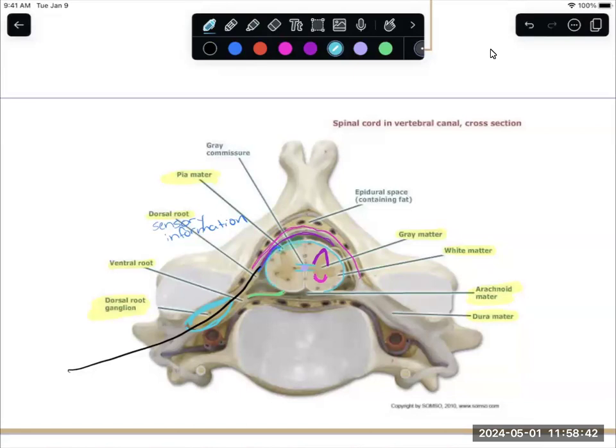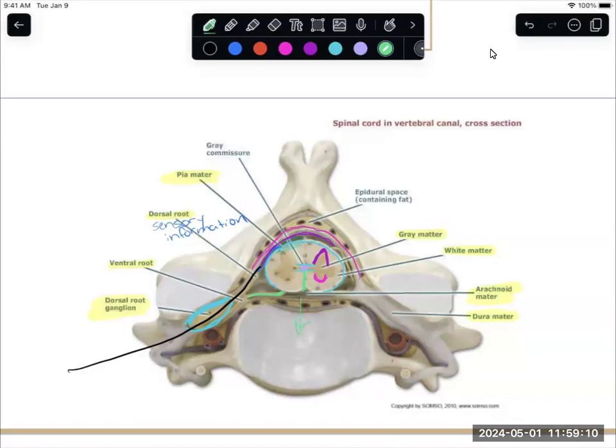We are going to have our anterior, ventral or median fissure, which is this line that comes in the front. We know it's the front of the spinal cord because the vertebral body sits in front of that spinal cord. The spinous process is the back, so that is our dorsal side.